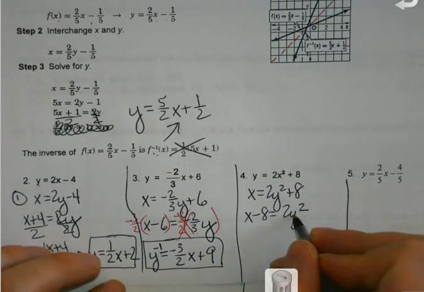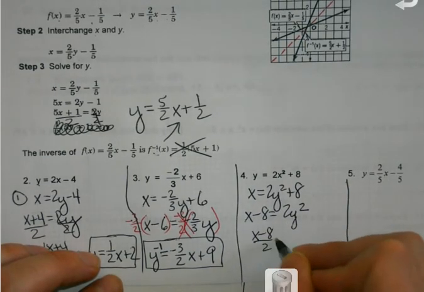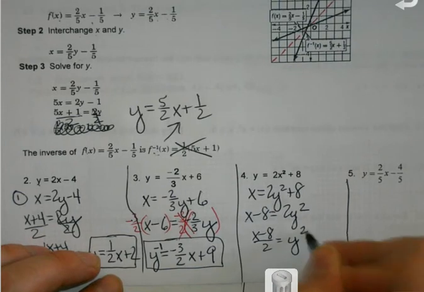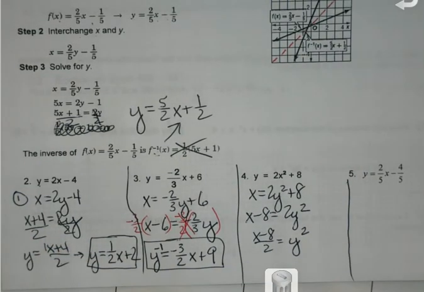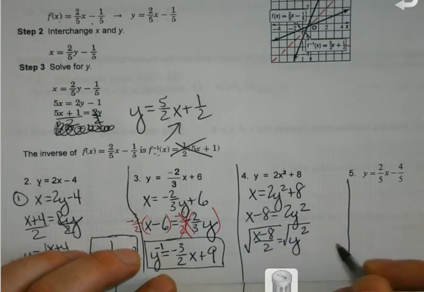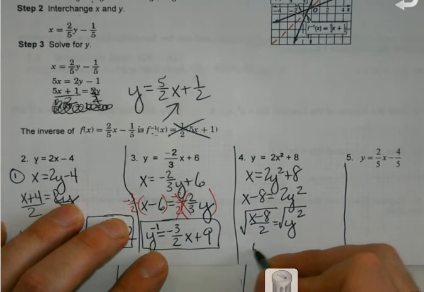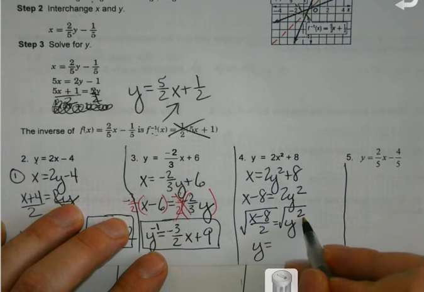Like here, I know I got to divide both sides by 2. If I want to write it and leave it in this fraction form, because I see what the next step's going to be, I see that I'm going to have to take a square root. Now remember, just because we're graphing, and this may be new to some of you, doesn't mean that when I take the square root of a quadratic, I don't need plus minus.